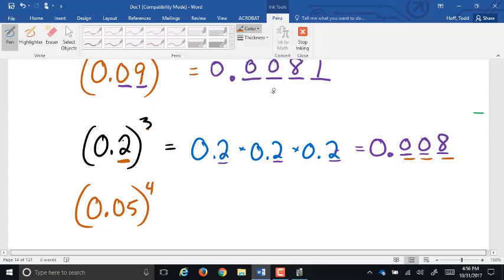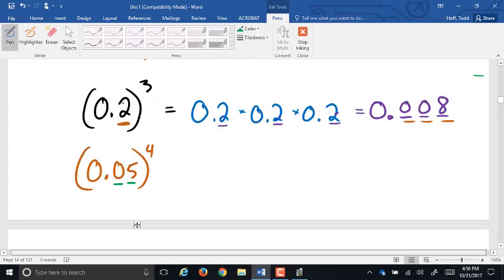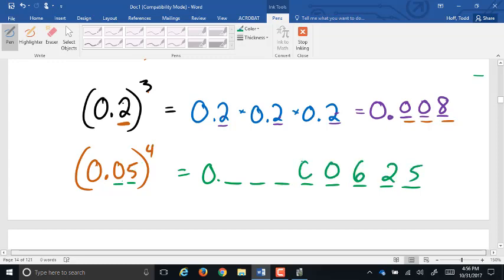There are 2 decimal places here, 0.05 to the power of 4. How many decimal places are going to be in my answer? That 2 times 4 makes 8. 5 to the 4th power is 625. And we fill in the zeros.